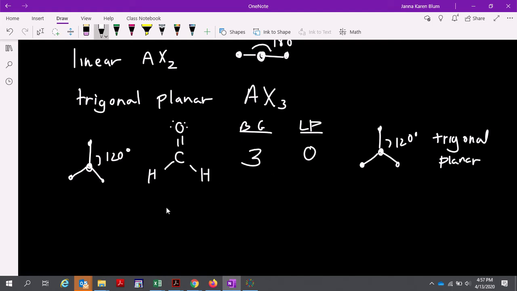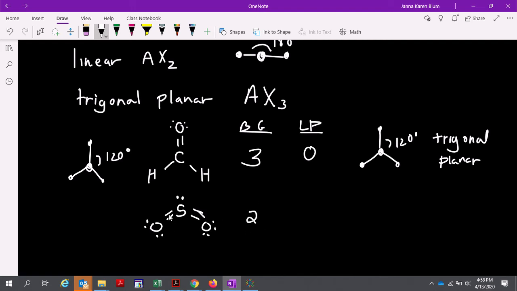But what happens if I have a Lewis structure like sulfur dioxide here? It's got a lone pair sitting on that sulfur. And now I only have 2 bonding groups.